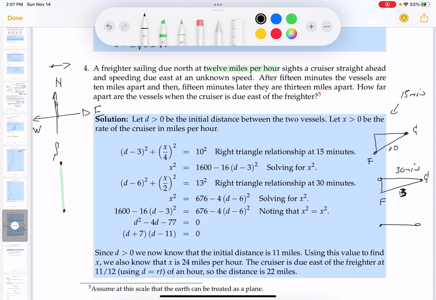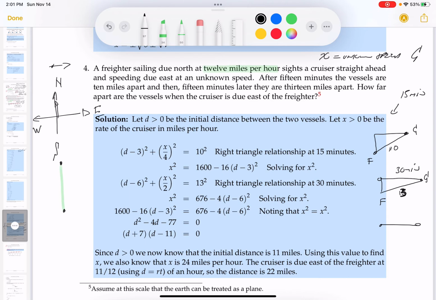After 15 minutes, let me call the unknown speed x. That's of the cruiser, by the way.